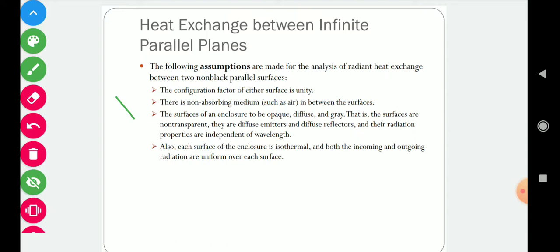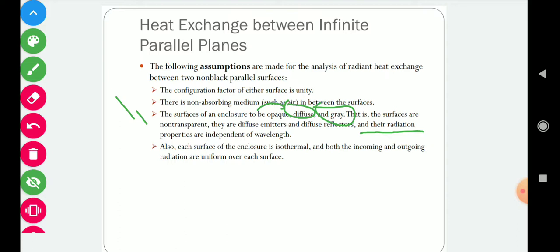What does it mean? The surfaces are non-transparent because they are opaque. They are diffuse emitters and diffuse reflectors because the surface is diffuse. Diffuse means the radiation emitted by the object is uniformly distributed in all directions. And the surface is gray, which means their radiation properties are independent of wavelength.